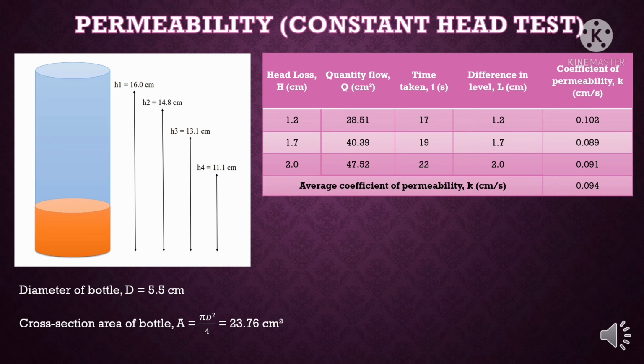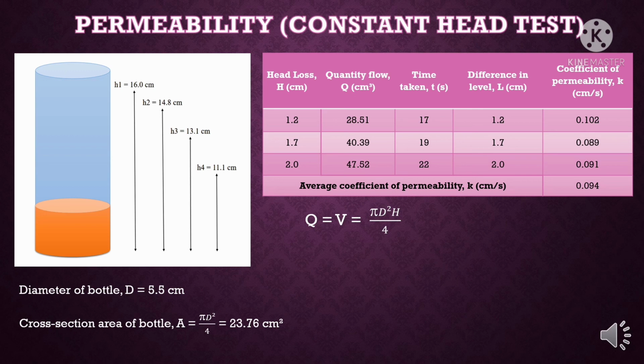Then I get the head loss, which is the difference in level for each level point. I get 1.2 cm, 1.7 cm and 2.0 cm. Then I get the quantity flow Q by using the formula volume of cylinder, which is pi d squared h over 4.